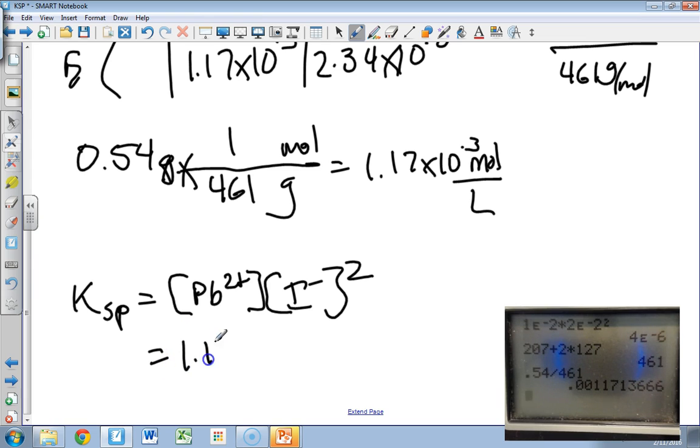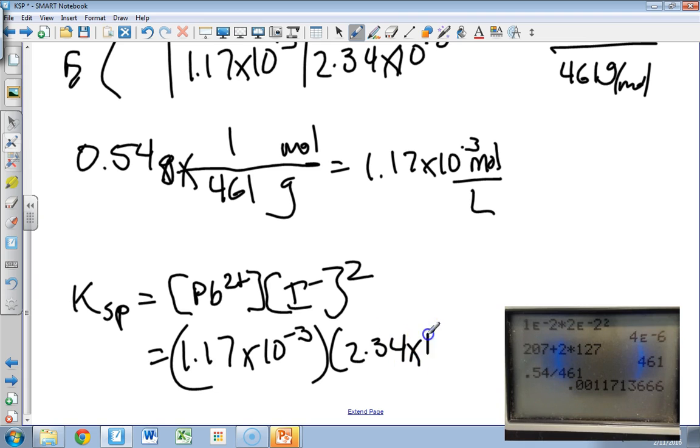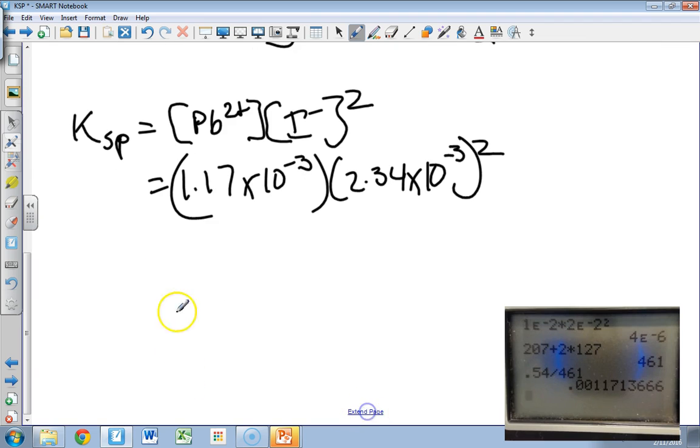So we go 1.17 times 10 to the minus 3 times 2.34 times 10 to the minus 3 squared, and now we math it.